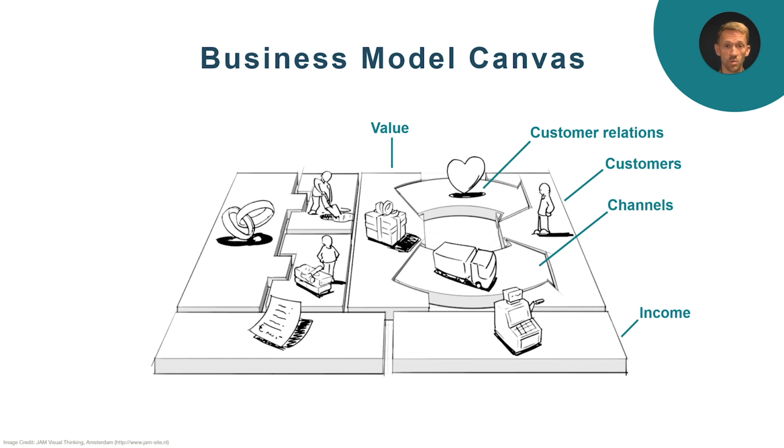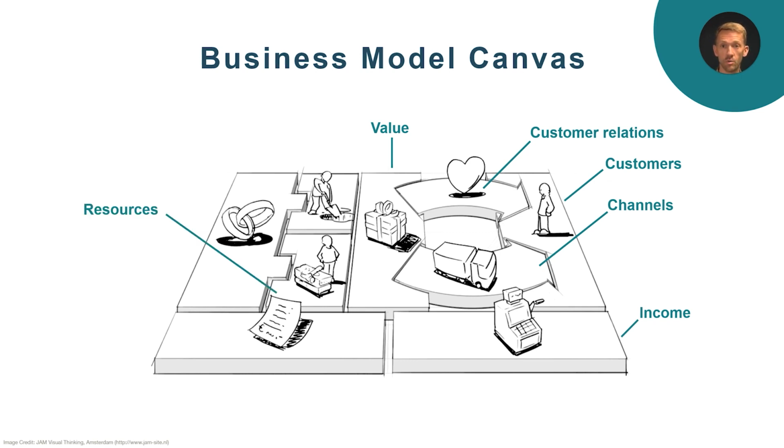All of the interactions with the customers usually generate some kind of income or revenue streams. So the income block represents the income generated from delivering value to the customers, which may not always be direct sales revenue, as some organizations might rely on alternative income sources and funding of different kinds.